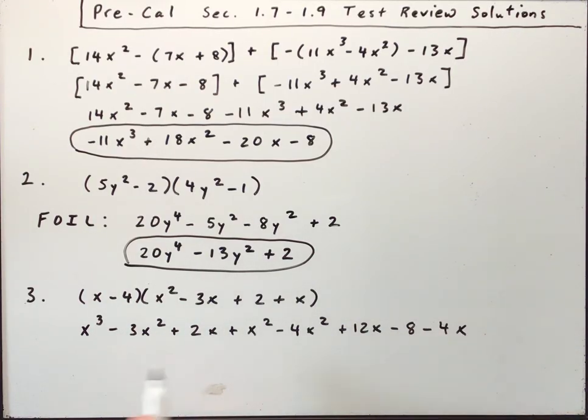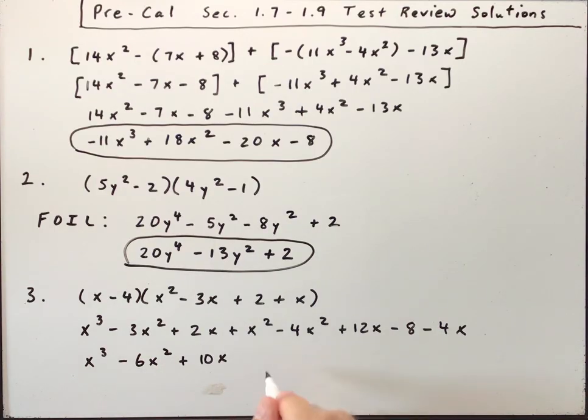So we've got to combine like terms. There's no other x cubed, so that's going to stay. And then you can mark these out if you want. Negative 3x squared plus x squared is negative 2x squared. Minus 4 would be minus 6x squared. And then our x terms would be 2x plus 12x. That's 14x minus 4x, so that'd be plus 10x.